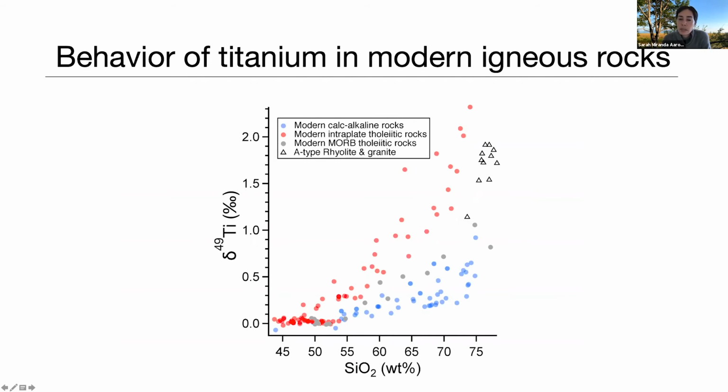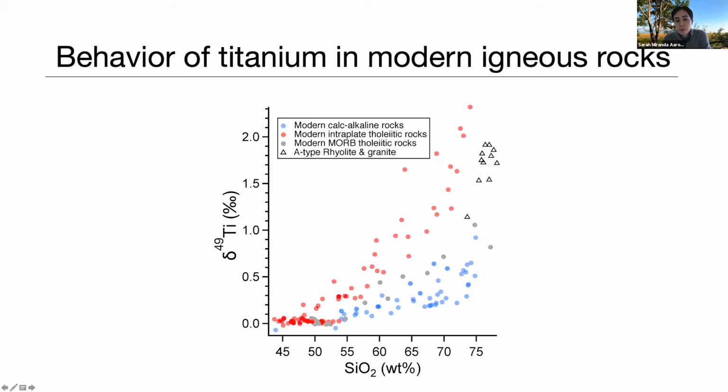So in environments like Hawaii or Iceland, or the Mid-Atlantic Ridge, for example, where you have this spreading apart and mantle material coming up from the bottom, right? We still have this evolution towards very felsic or light compositions, right? But our most evolved samples are very heavy in titanium isotope composition.